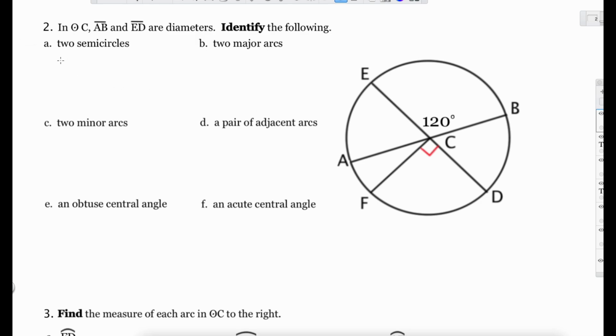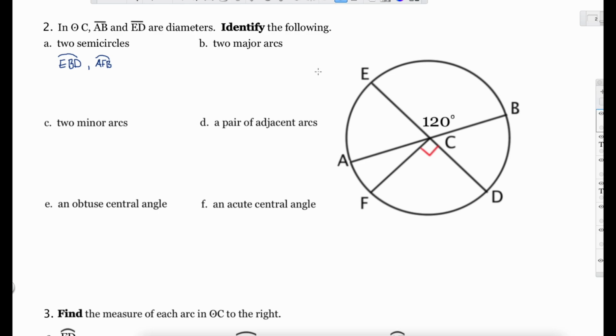So I'll use 3 points and say EBD, with an arc symbol. So that's arc EBD. AFB would be another semicircle.